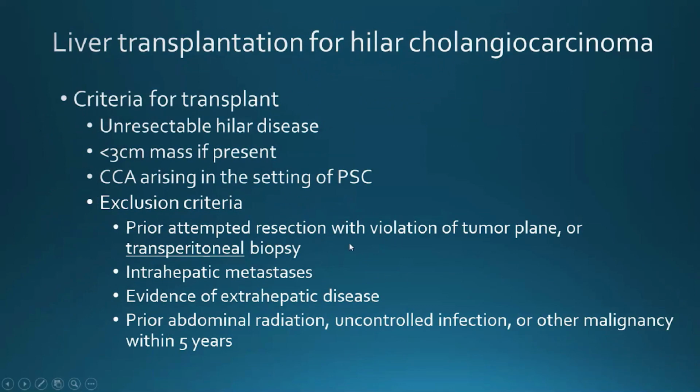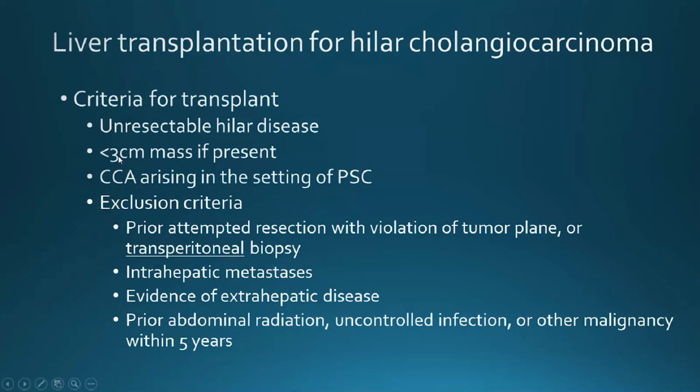Now, more recently, just like hepatocellular carcinoma, liver transplantation has become an indication for a very selective group of patients with cholangiocarcinoma. And Mayo Clinic started a protocol transplanting these patients with cholangiocarcinoma, but they had a very restrictive protocol.